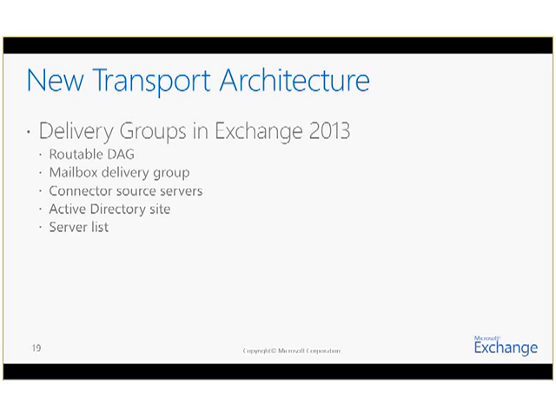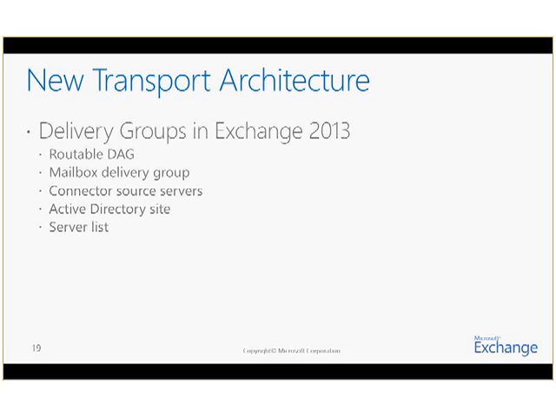In Exchange 2013, we've got 5 delivery groups. The first one is the routable DAG. That's a collection of 2013 mailbox servers that are members of the same DAG. The next one is the mailbox delivery group. That's a collection of Exchange servers of the same version located in the same Active Directory site. The next one is connector source servers, which is a mixed collection of Exchange 2010 hub transport servers or Exchange 2013 mailbox servers that are scoped as the source server for the same send connector.